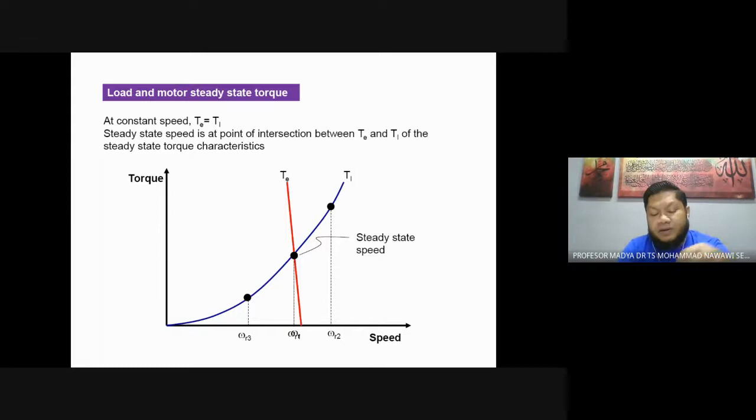So this load torque has a different shape. It can be many shapes, many characteristics. It can be hyperbolic, or it can be a straight line if you like.